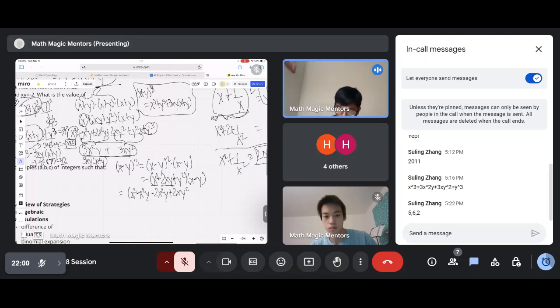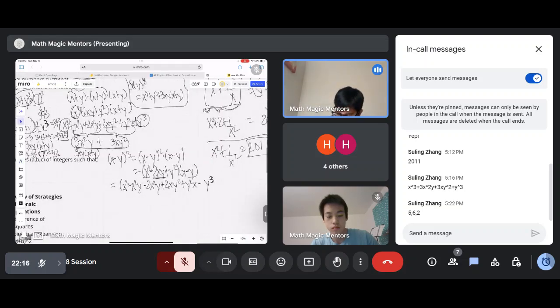Because it became a plus, because negative 2xy times negative y is going to be plus 2xy squared, and then plus y squared x minus y cubed, right? So the product is actually going to be x cubed minus y cubed.